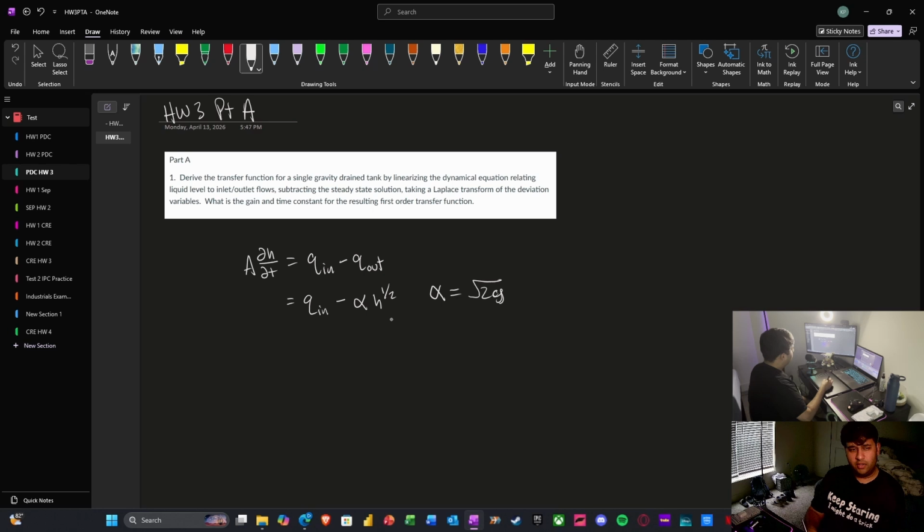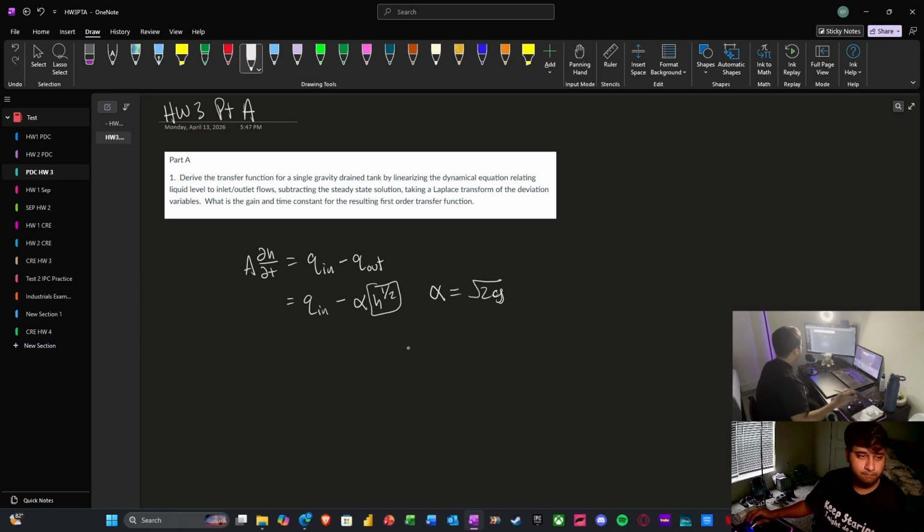And from here, we can't take our Laplace transform just yet, as the height here we have to make linear, since a Laplace transform can only be taken if it's linear.